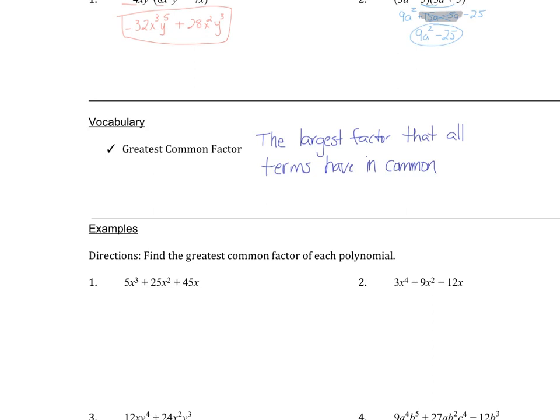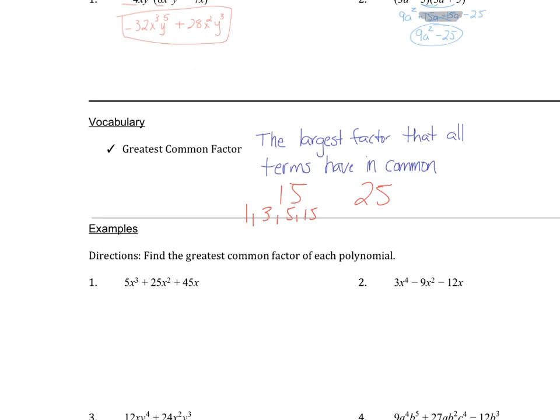All right, moving on to greatest common factor. So the greatest common factor is the largest factor that all terms have in common. So for example, going back to the basics, if I have 15 and 25, well, my factors of 15 are 1, 3, 5, and 15.